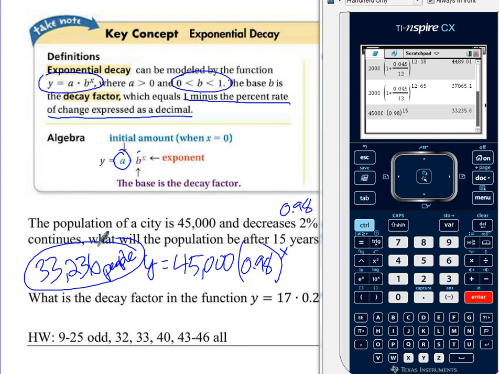Nope, doesn't work. There's no half of people. So, is the population getting smaller? Yeah. It says that the population is decreasing, so I better see a smaller answer here. It's only decreasing by 2%, so it's not like everybody's going to leave the town instantly. It's going to happen over time.